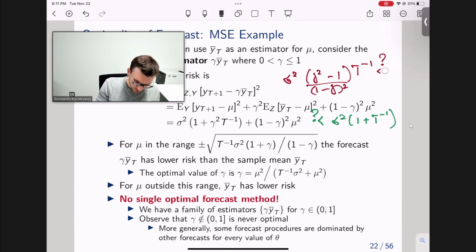So that would be like this. And so we get that this can be rewritten as (1 plus gamma) (1 plus gamma) (1 minus gamma).